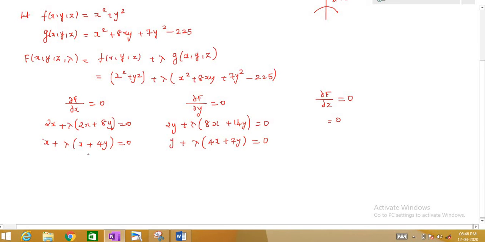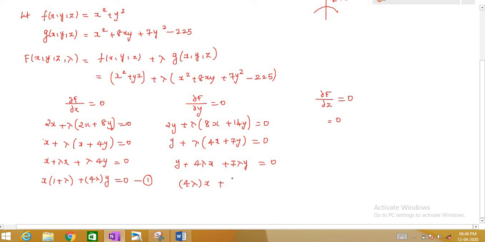I'll separate the x part and the y part. So this will be x plus lambda x plus 4 lambda y equal to 0. If I take x common, we will have (1 plus lambda) x plus 4 lambda y equal to 0. I take this as equation 1. And this will be y plus 4 lambda x plus 7 lambda y equal to 0, so the x part is 4 lambda x, and if I take y common, I will have (1 plus 7 lambda) y.